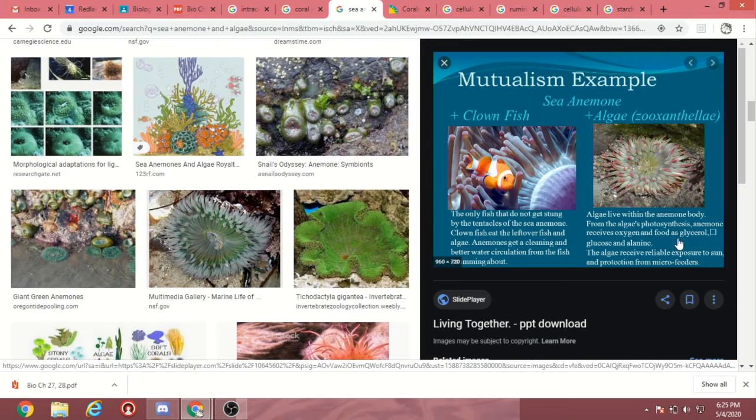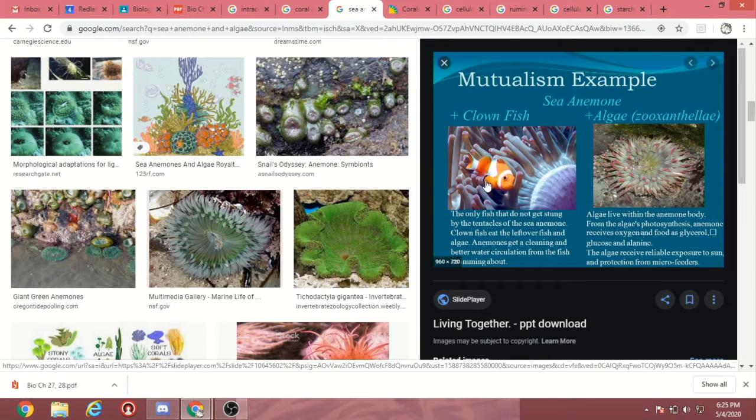And the sugar that's produced, glycerol, as one of the sugars, glucose, and alanine, an amino acid, the sea anemone can benefit from. So as photosynthesis is happening, these zooxanthellae are producing sugar, amino acids, and oxygen. So they're really benefiting the sea anemone. And the algae is also benefiting, because they're getting protection from organisms that might want to eat them.